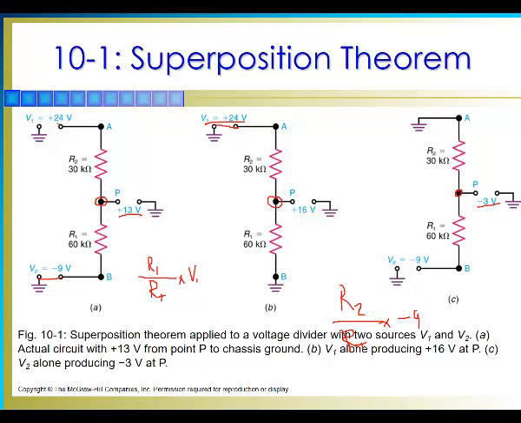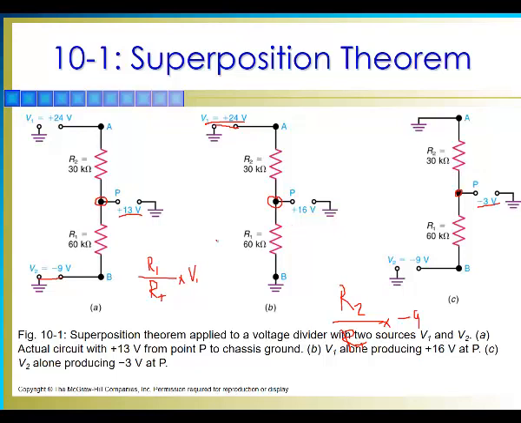Okay, so the total circuit has two sources, so we eliminate the source 2 and analyze the circuit and calculate the voltage at point P using only source 1. Then we eliminate the source 1 by doing a short circuit like this and utilizing only the source 2 to calculate the voltage at this point again, and now we have 16 volts and negative 3 volts respectively.